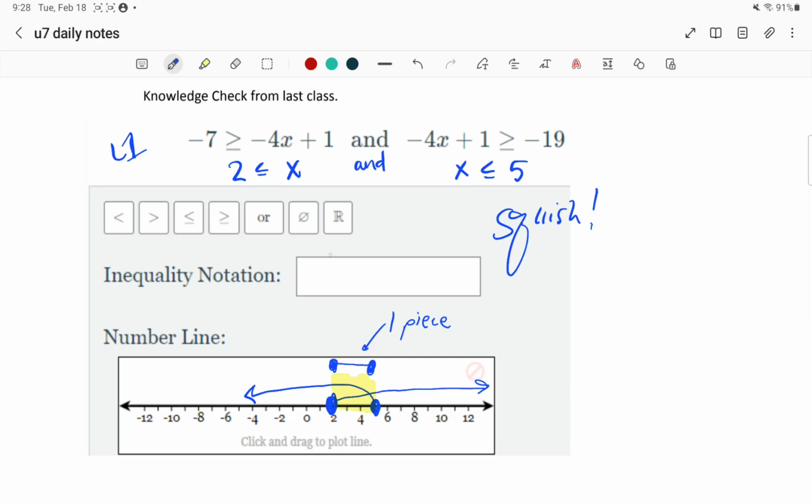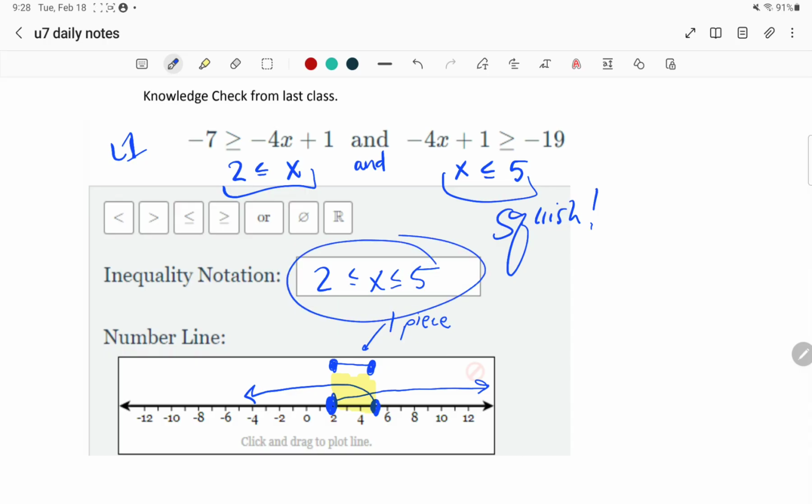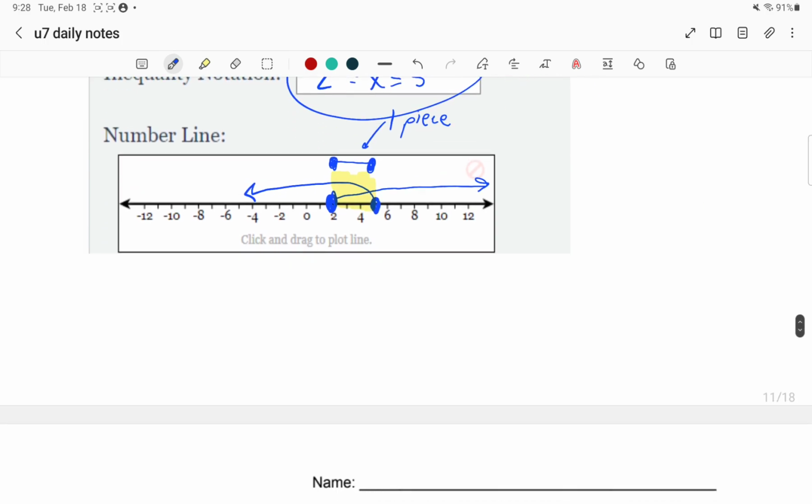So I'm going to do 2, x, and 5, and if I plug that together, then I get 2 less than or equal to x less than or equal to 5. Okay. So then I'd hit submit and I'd get it right and it would be awesome. Okay, that's from last class.